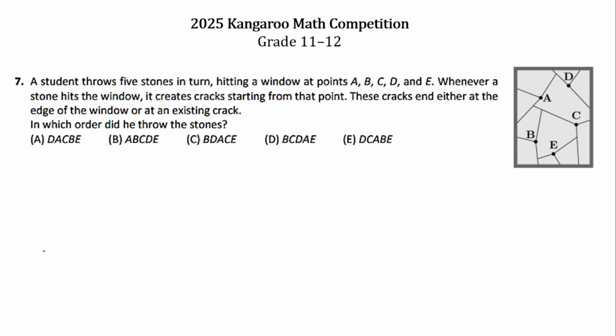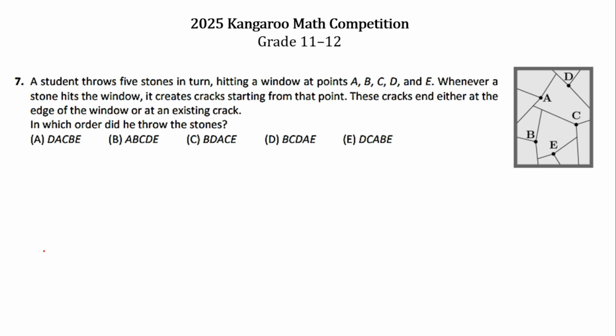Problem number 7. A student throws 5 stones in turn, hitting a window at points A, B, C, D, and E. Whenever a stone hits the window, it creates cracks starting from that point. These cracks end either at the edge of the window or at an existing crack. In which order did he throw the stones? Let us name the stones A, B, C, D, and E corresponding to the points on the window.